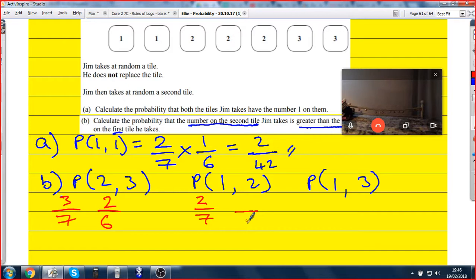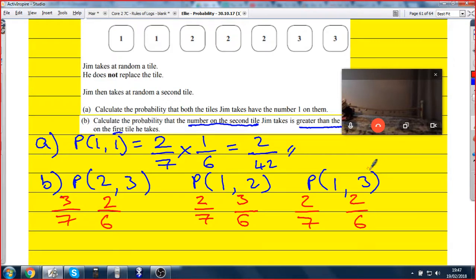How many 2's are there? Can you hear me? I can now. Okay. So how many 2's are there after you take a 1? 3. Yeah. Okay. How about probability of 1 then 3? So 2 out of 7, and then 2 out. That's it.